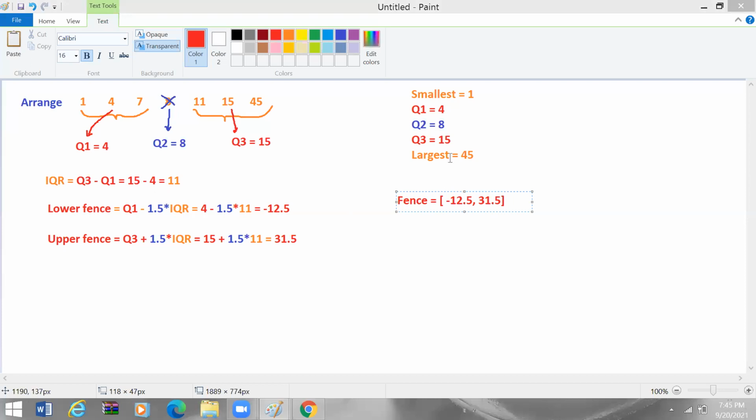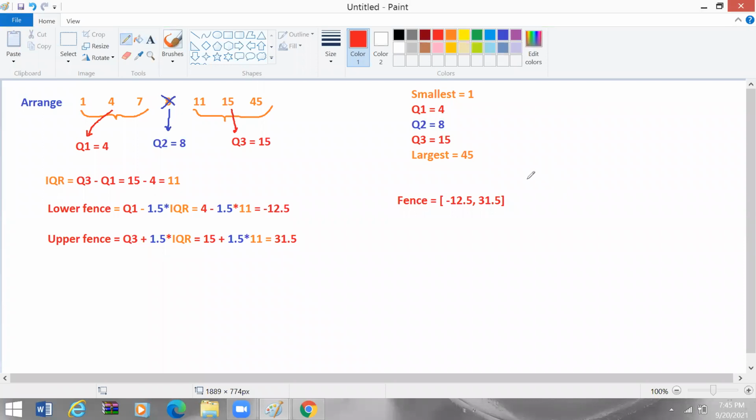Because we have one single value, 45. 45 is located outside of the boundaries, so 45 is bigger than 31.5. So I call 45 an outlier. Does it make sense? Okay, so 45 is the outlier.